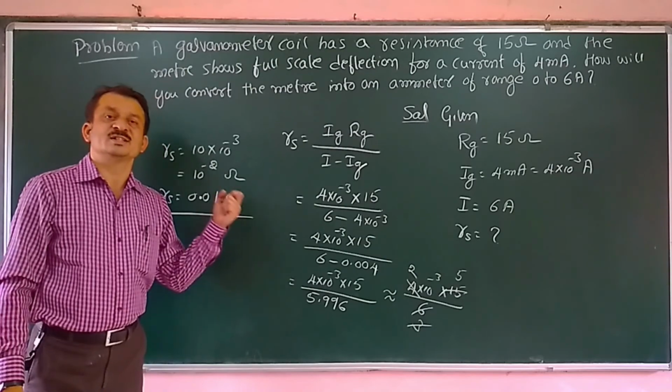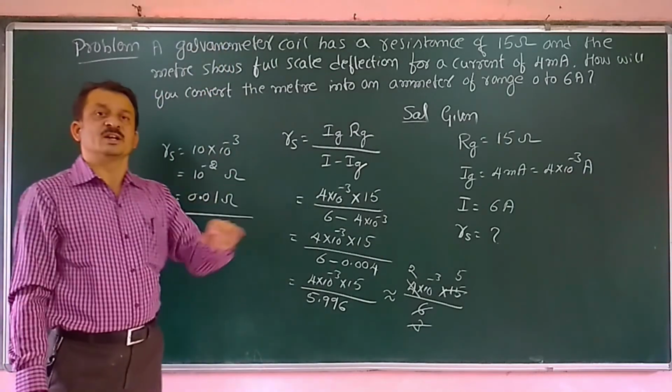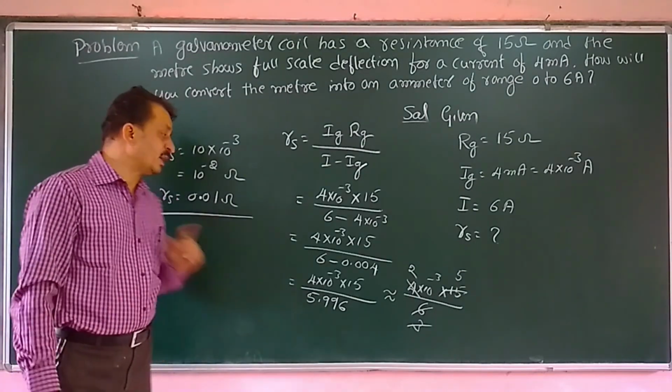The value of the small resistance is 0.01 ohm. This small resistance is to be connected in parallel to the given galvanometer to convert it into an ammeter.